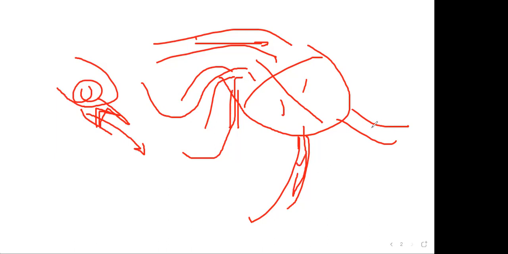There are valves, like semilunar valves, AV valves, tricuspid valve, bicuspid valve, and we have the atrioventricular septum and ventricle auricle septum. And they have three layers: pericardium, endocardium, myocardium.